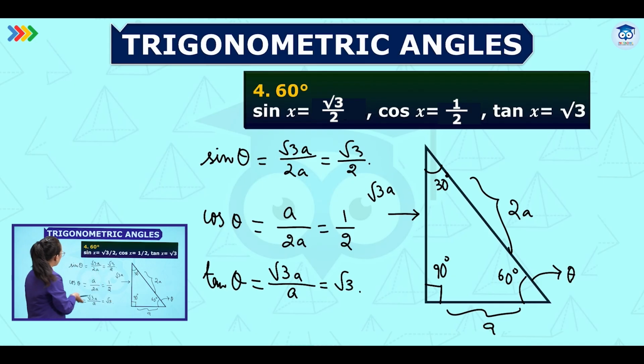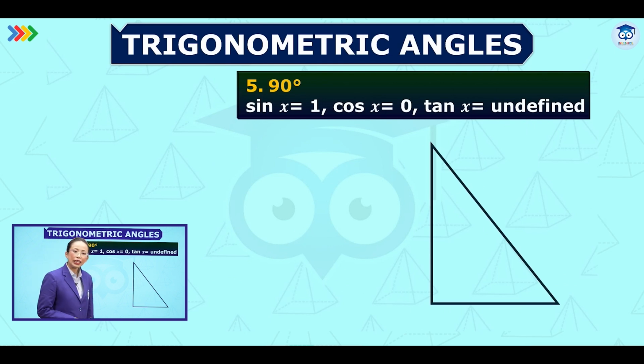In this way we can define cosec, reciprocal of this, sec, reciprocal of this, and cot, reciprocal of this. So it will be 2 upon root 3 for cosec, 2 for sec, and for cot it will be 1 upon root 3.